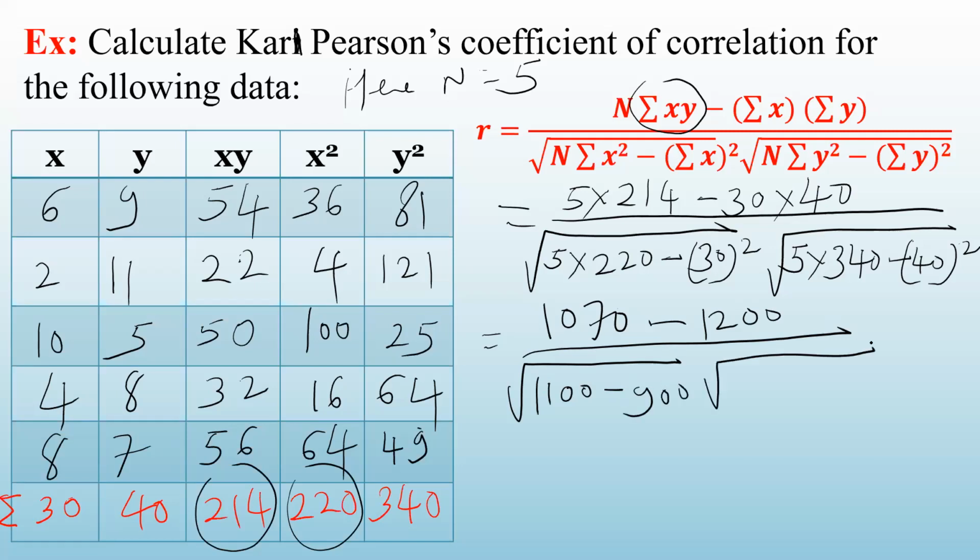Next square root, 5 into 340, that is 1700 minus 40 square, that is 1600. Okay.